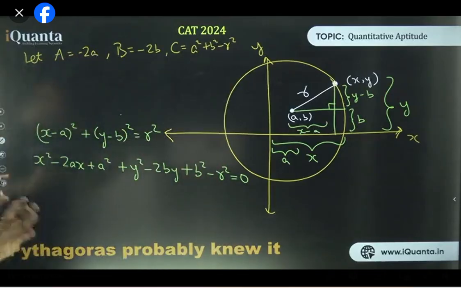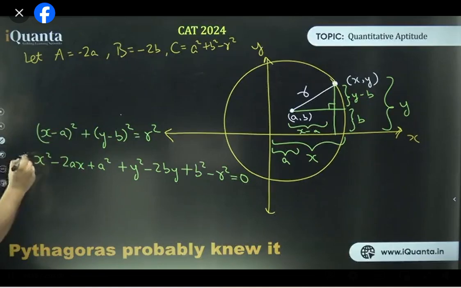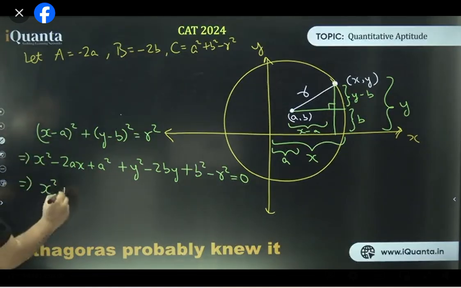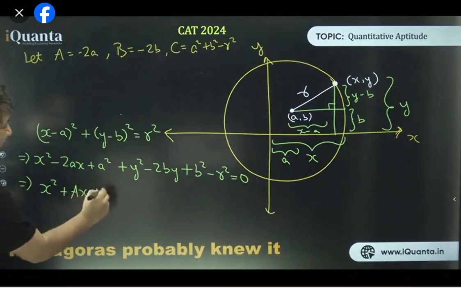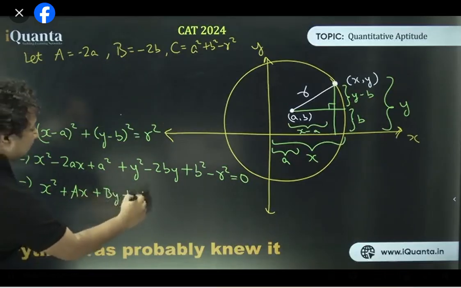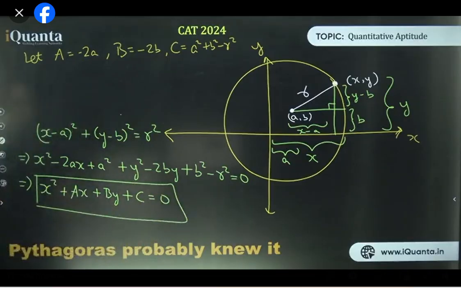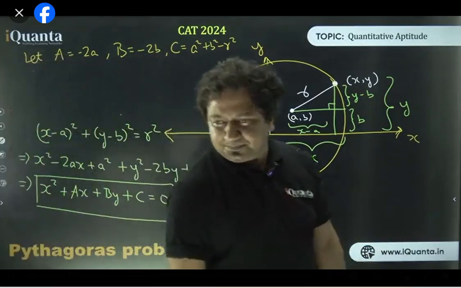Perfect. Why did I do this? To make a general equation of a circle. So now I'll have something like x square plus y square plus Ax plus By plus C equal to 0. So this is the general equation of a circle.